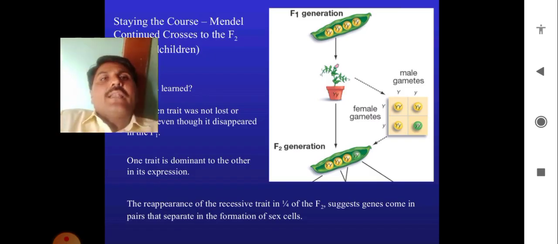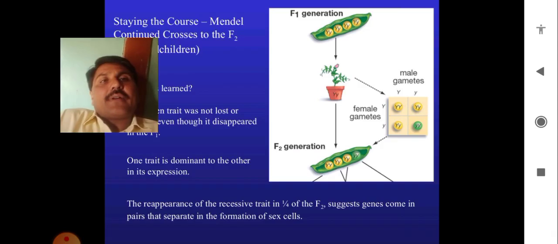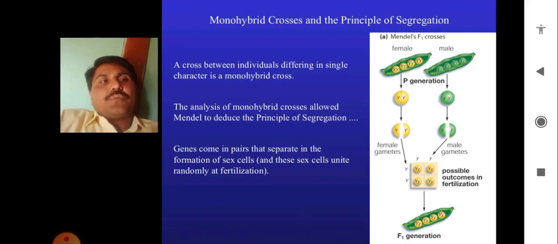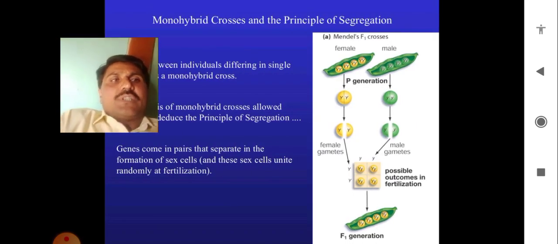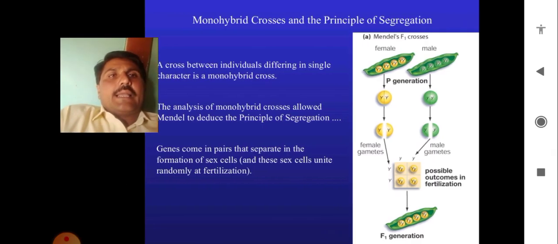The recessive allele which was suppressed in the F1 generation reappears in the F2 generation. It shows phenotypically, but the number of seeds is more of the dominant one, that is the 3:1 ratio. So this was the monohybrid cross and the principle of segregation.